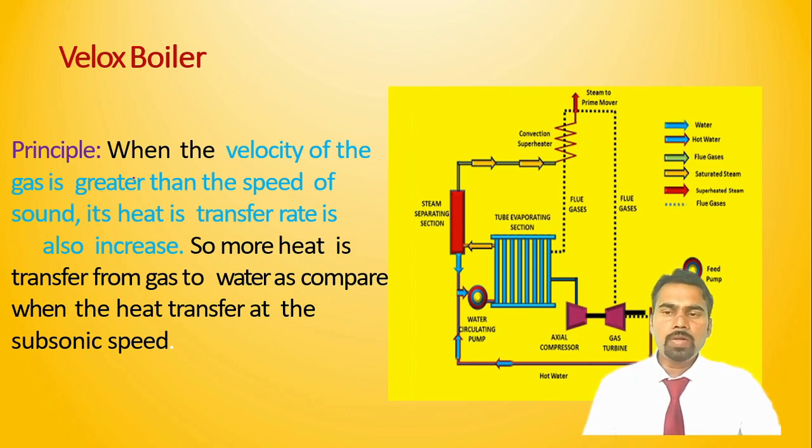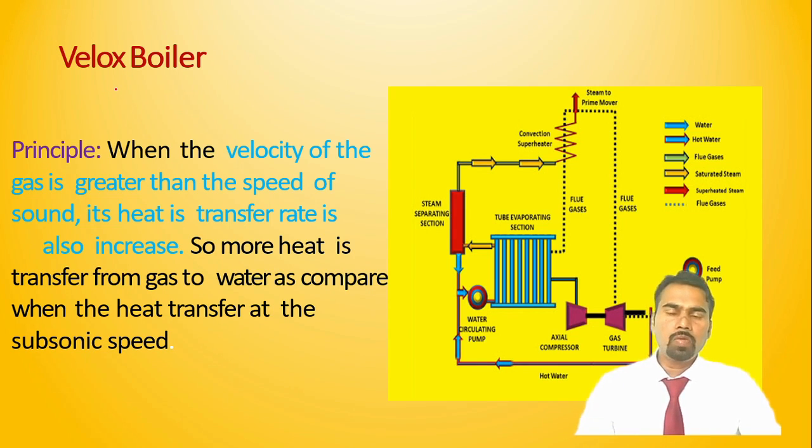Then the working principle of this type of boiler: when the velocity of the gas is greater than the speed of sound, its heat transfer rate also increases. So more heat is transferred from gas to water as compared to heat transfer at subsonic speed.